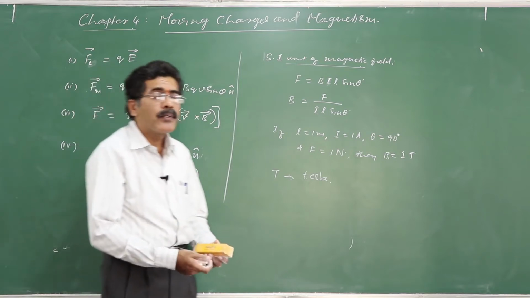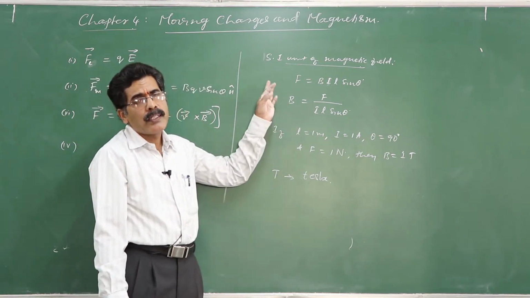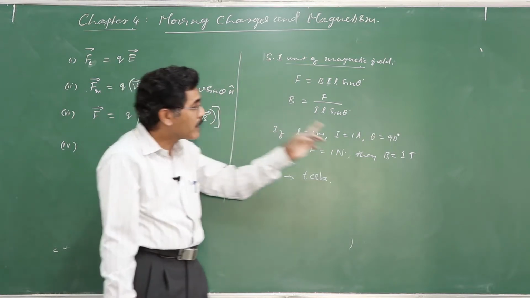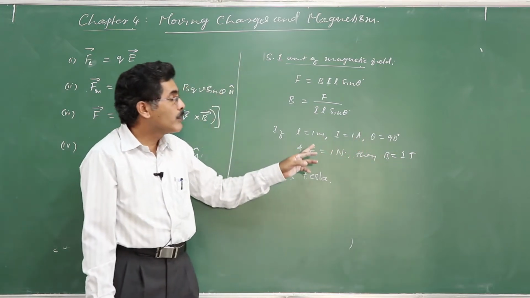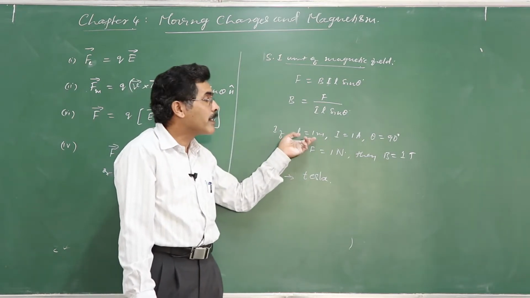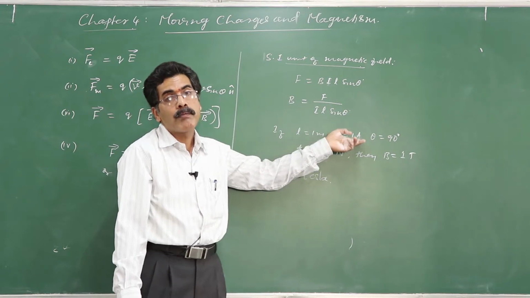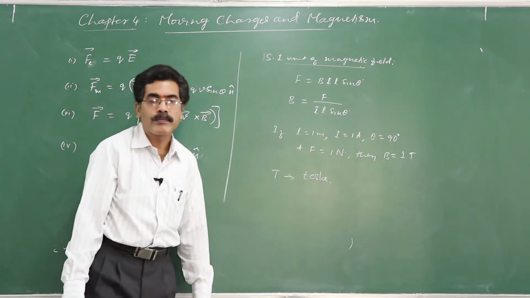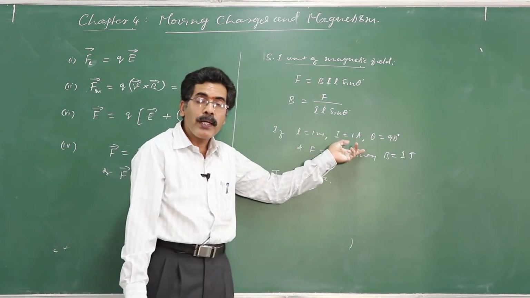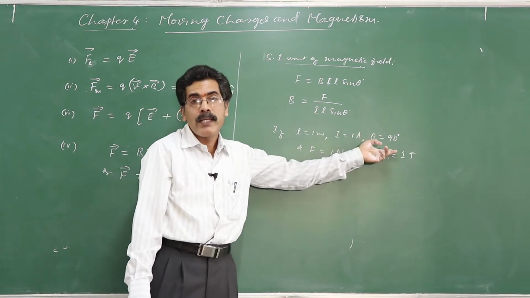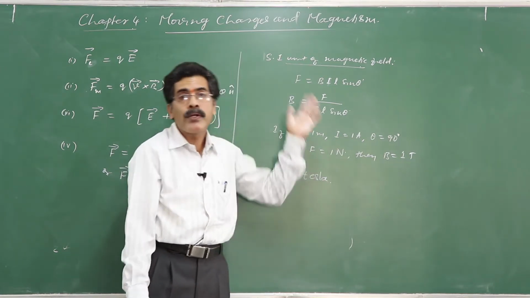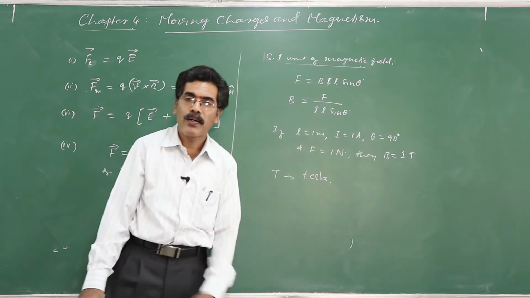The magnetic field is said to be 1 Tesla when a force of 1 Newton is experienced by a conductor of length 1 meter carrying 1 ampere of current kept perpendicular to the field direction.